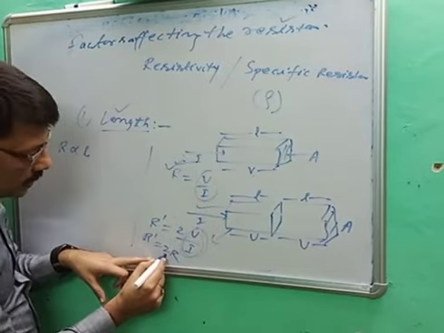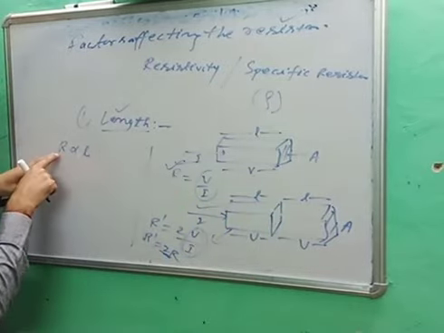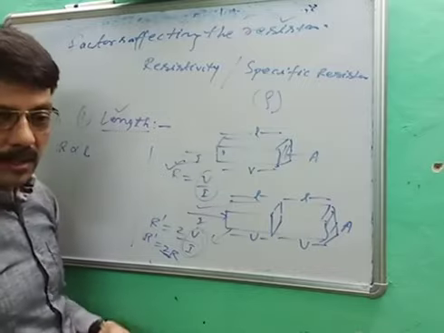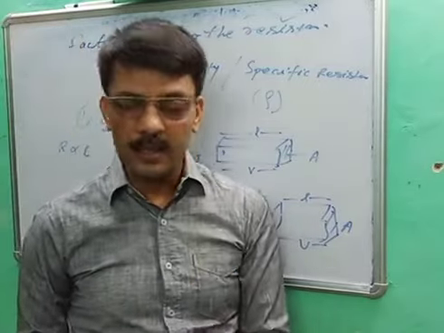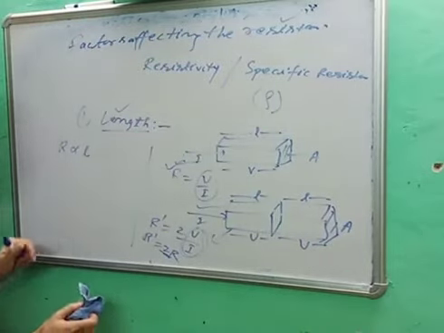It means resistance increases by twice when we increase the length. So R is proportional to L. It means when we increase the length of a wire, its resistance increases. Okay, note down all these points.